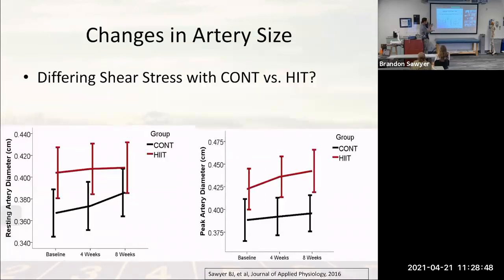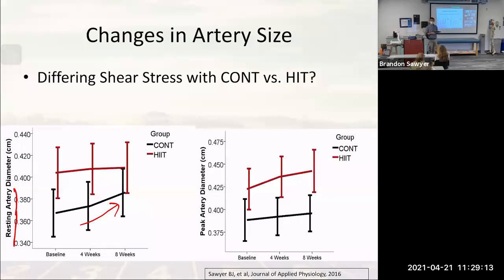But the interesting part was, it wasn't like continuous didn't help them at all. What we noticed in the continuous group was this one right here. So this is resting artery diameter here. Resting artery diameter had a significant increase in the continuous group and not in the HIT group. So what that could mean is that their arteries actually adapted in such a way that their arteries just got bigger.